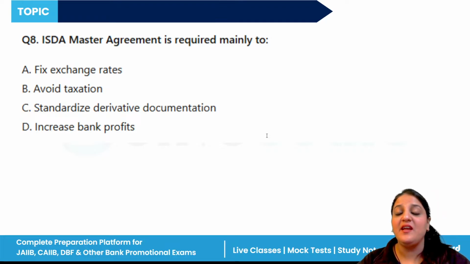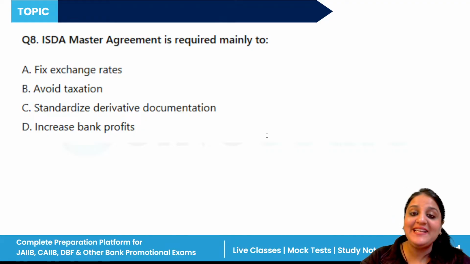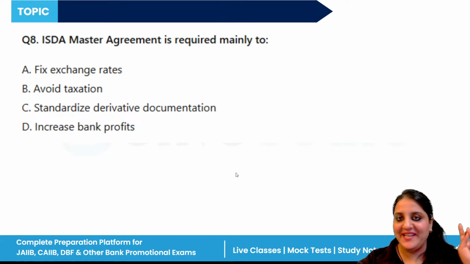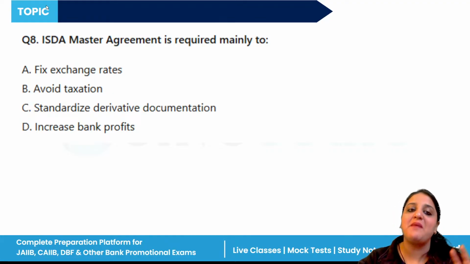Documentation stages are the ISDA master agreement, schedule and trade confirmation. Only those corporates who have board-approved risk policies can use derivatives, and banks have to follow suitability and appropriateness policy. So: ISDA master agreement, suitability policy, RBI derivative guidelines and risk management policy.